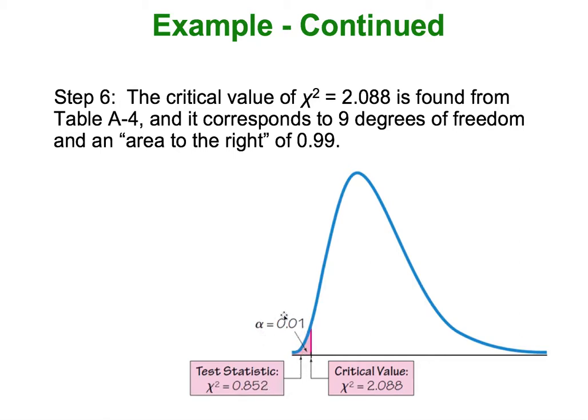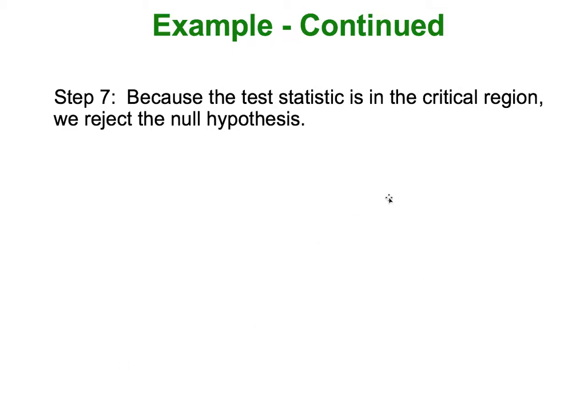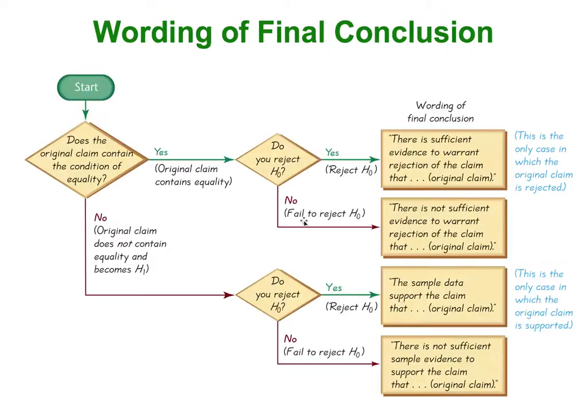Again, this shows that the alpha is all here in this tail. This tells us that we reject the null because we are in the rejection region. And so we reject the null hypothesis. Now, we go to our flowchart again to state our final conclusion.